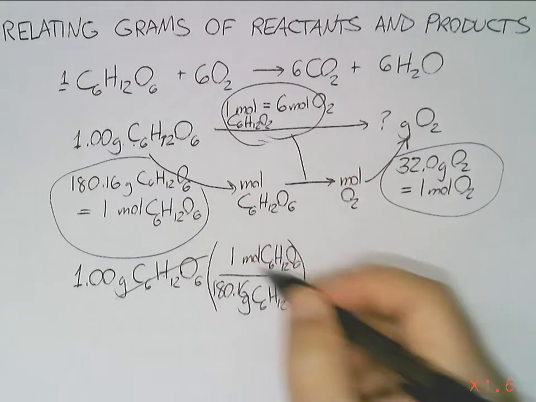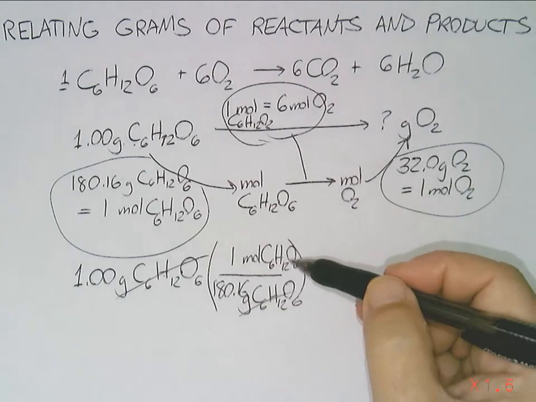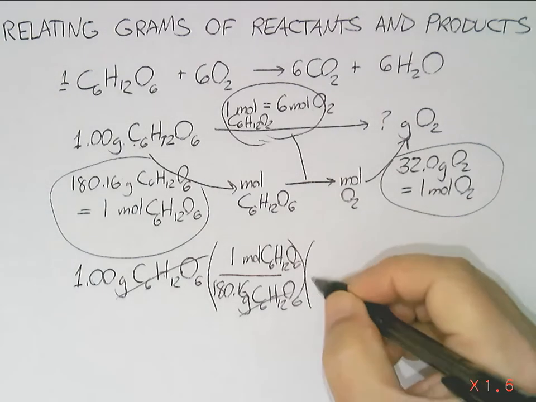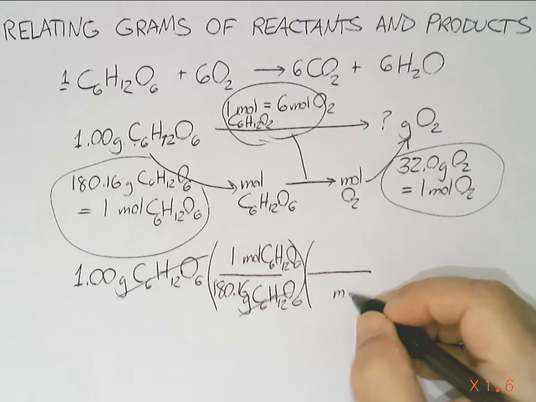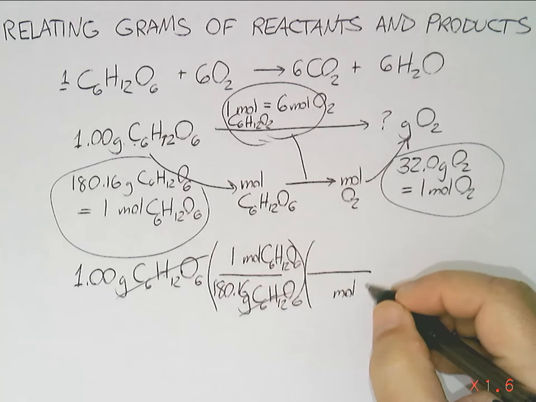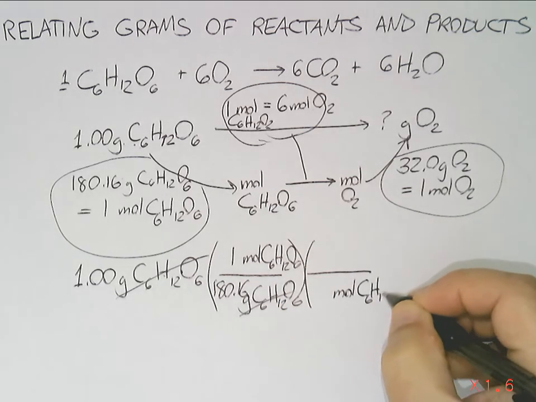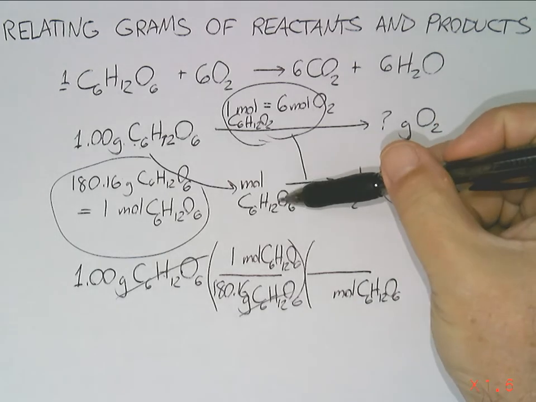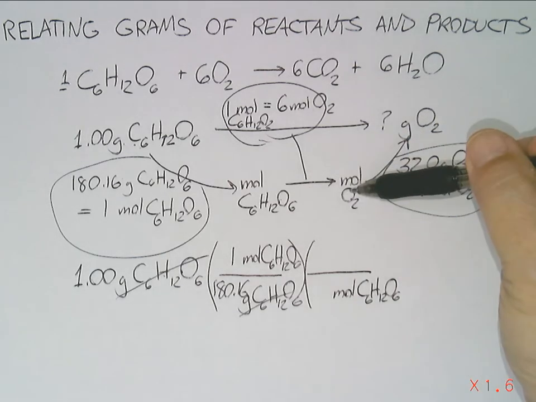The grams cancels out, and if I stopped here I'd have moles of C6H12O6, but that isn't what I want. So I have to keep going, and I want to get rid of moles of C6H12O6 here. And I'm at this point right here in my roadmap. I want to go here.